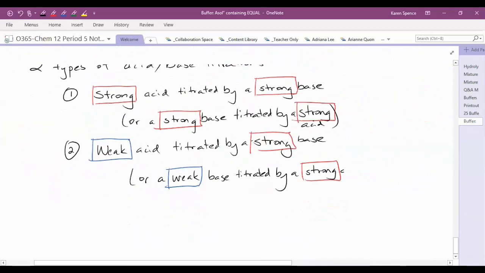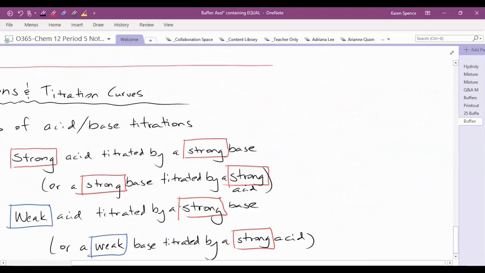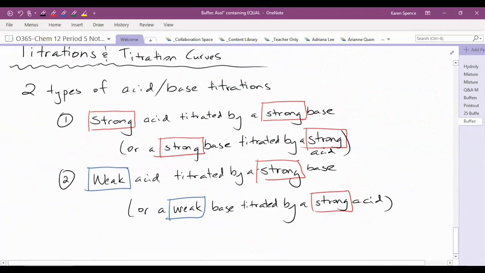Okay, so we're going to call this one 1A and 1B. We'll call this 2A and 2B. And today we might just get through 1A. Okay?